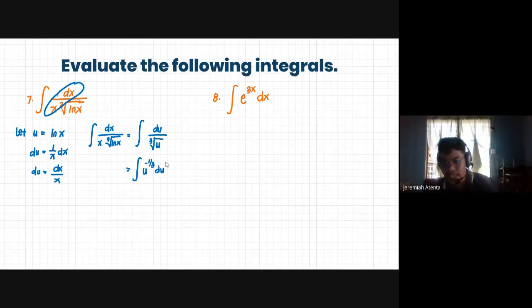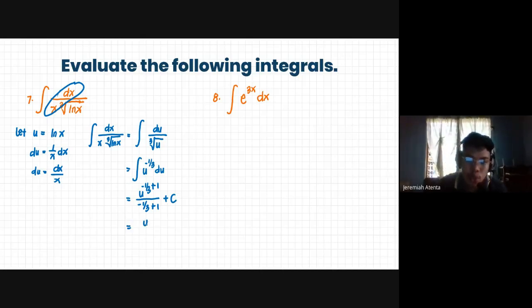Okay lang ba? Didiretso na ako. Okay lang? Can you still follow? Okay. So this is now equal to u to the negative 1/3 plus 1 over negative 1/3 plus 1 plus c, right? And this is now equal to u to the negative 1/3 plus 1 is 2/3 over 2/3 plus c.